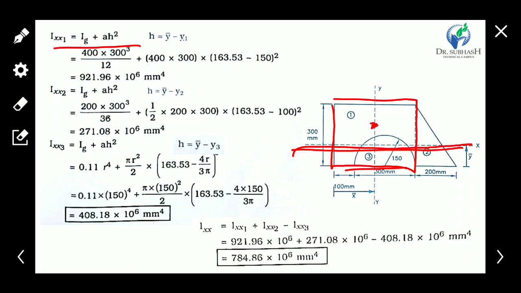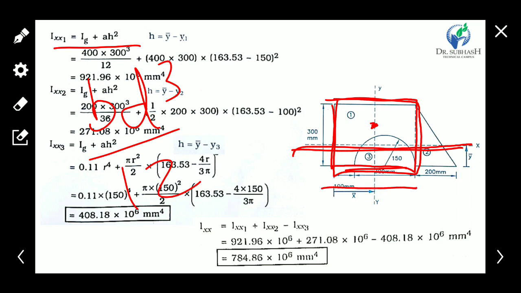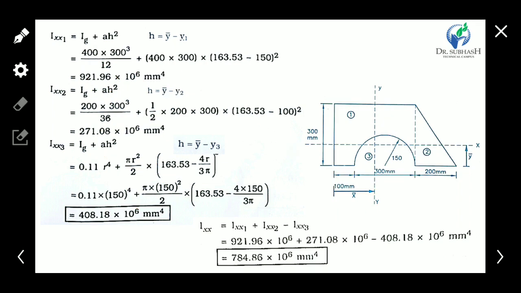What is Ig? Ig is the moment of inertia of the rectangle about its center of gravity, and the equation is b d cube by 12. B is the breadth, 400, and d is the depth, 300, of the rectangle, so 300 cube by 12. So Ig is got. Now A is the area, 400 into 300. Now h is the distance. What is the distance?